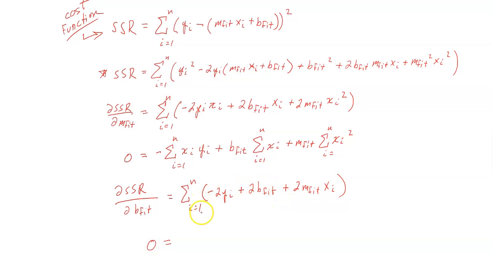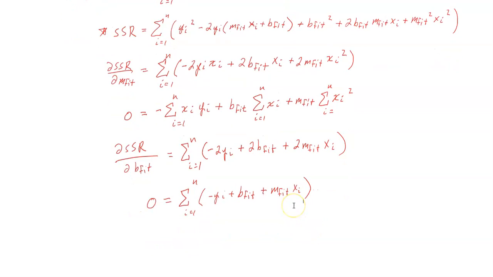And we can pull out the 2 from each of those and divide by 2. So 0 over 2 is still 0, so we're left with our summation from i equals 1 to n of negative yi plus b fit plus m fit times xi. And then we can distribute each of these.